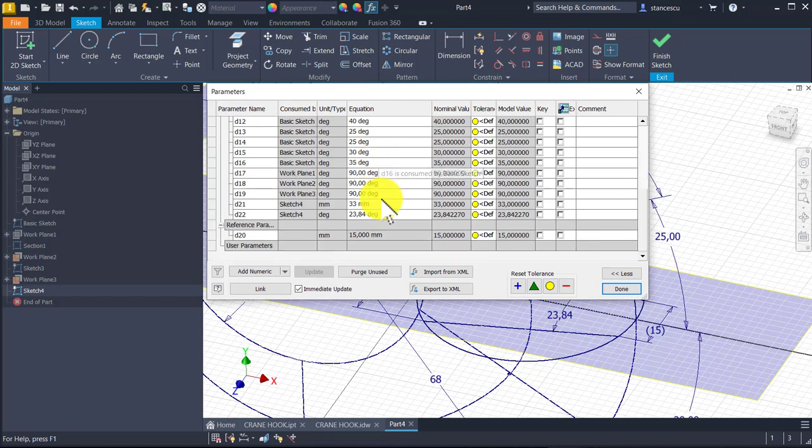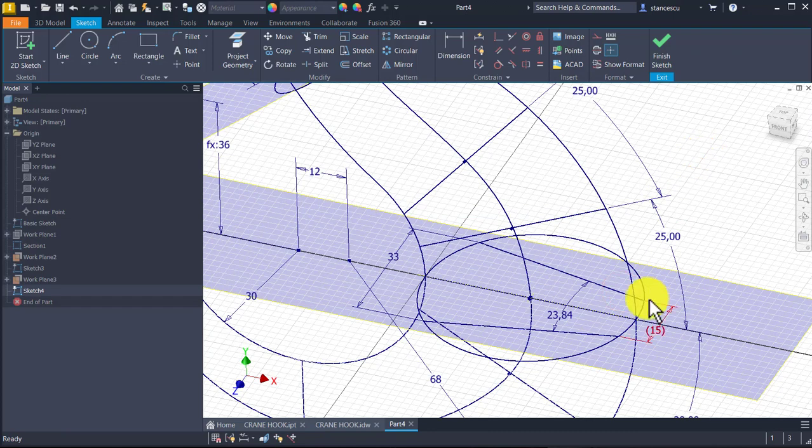The last dimension is this one, so I place here the name cut angle. This is a cut angle with its value. It has a lot of decimals here. Of course, we use only two, but there are more than two.